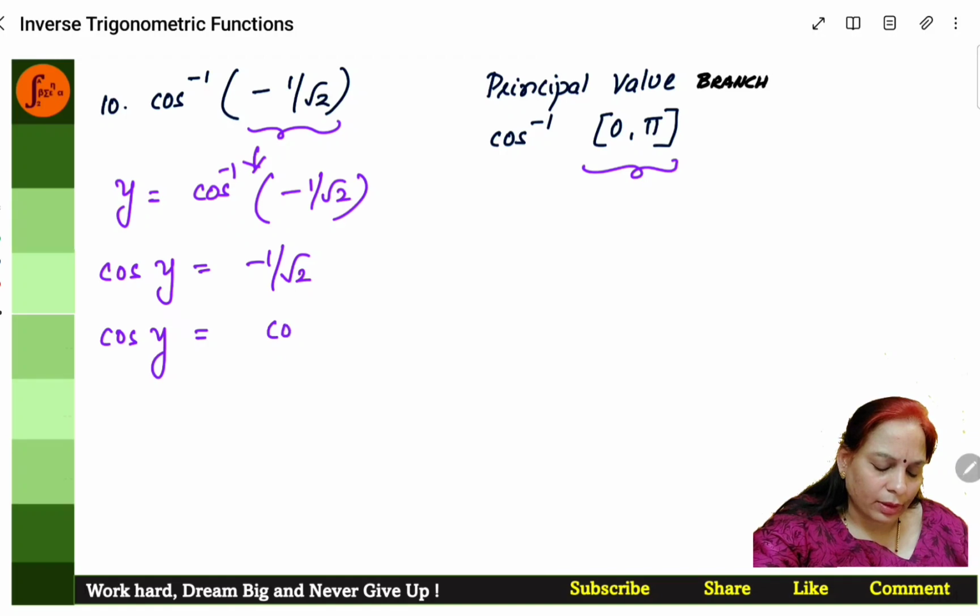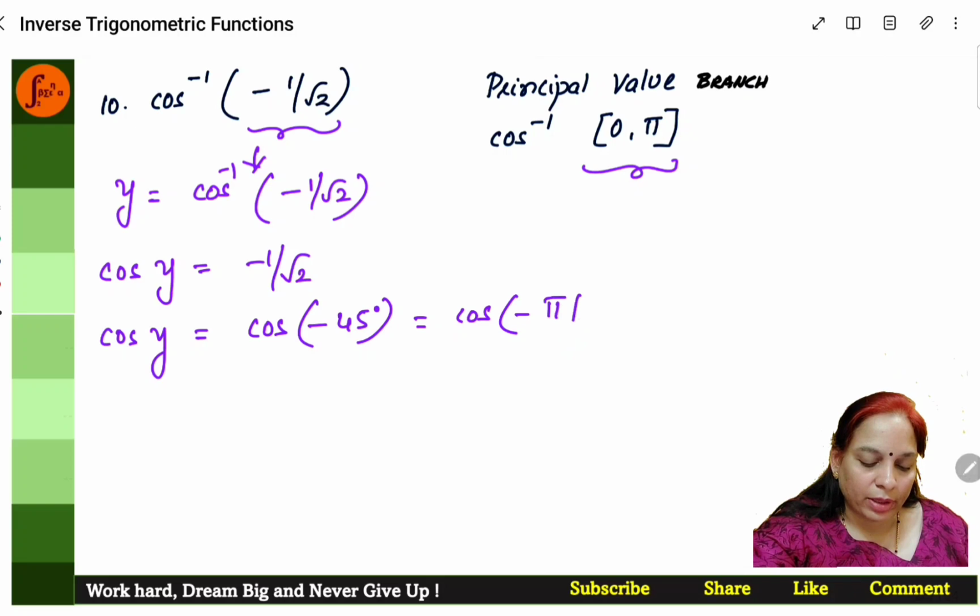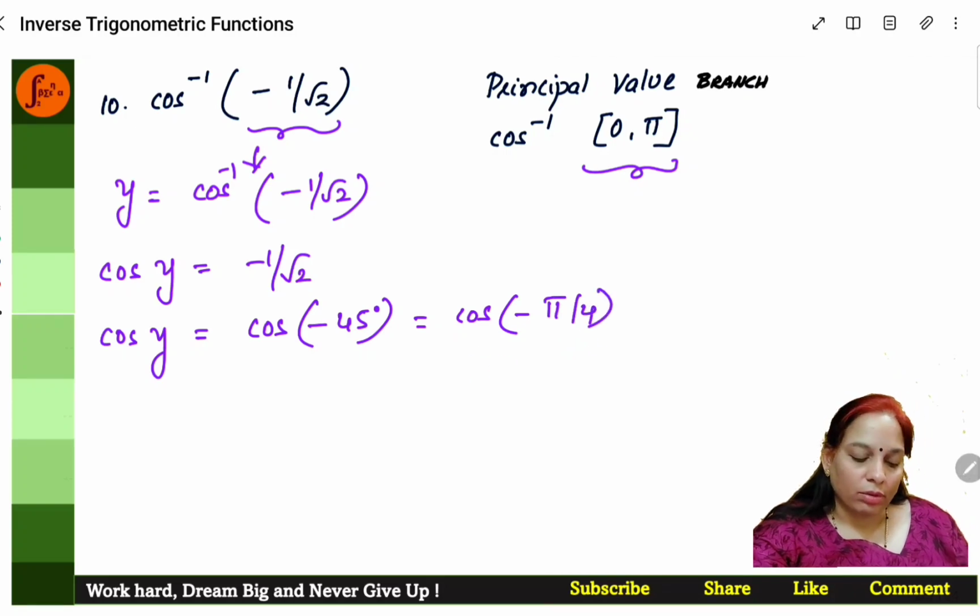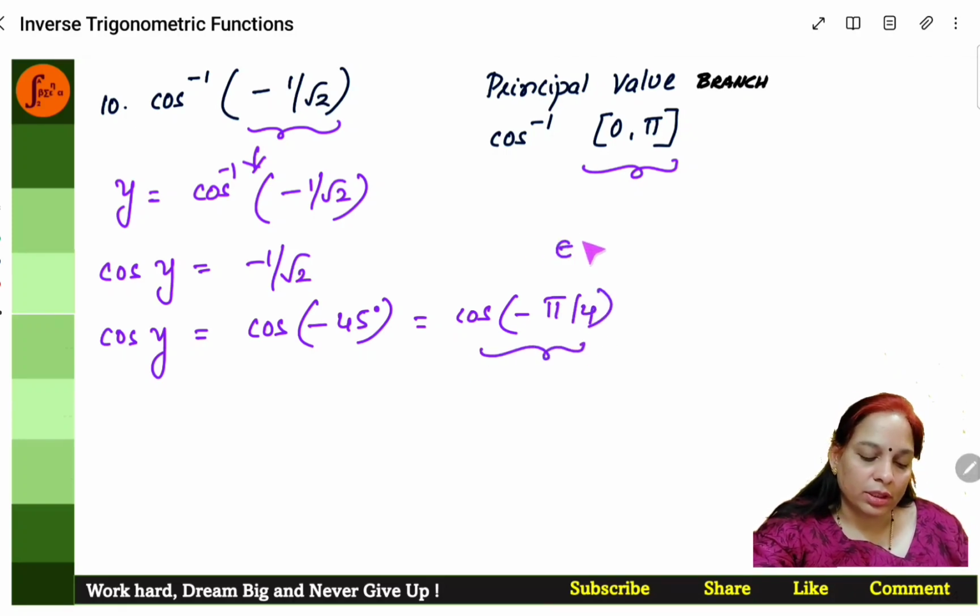This is cos 45 degrees, and we have minus. This is nothing but cos minus 45 degrees, or I can say cos minus pi by 4. Now this is a negative value. This does not belong to this range, right? Minus 45 degrees is not in this range.